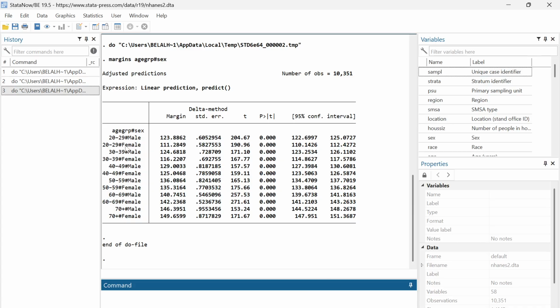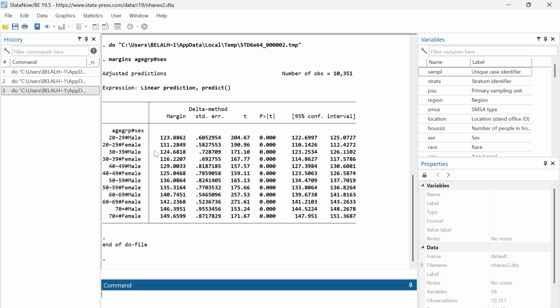For example, you can see age group and sex, and you can see 20 to 29 and male. For male 20 to 29, 123 is the systolic blood pressure. However, for the same age group, female, it's only 111, right? So as you can see, there is a big difference between male and female at the same age group. The increasing differences across age groups are not the same.